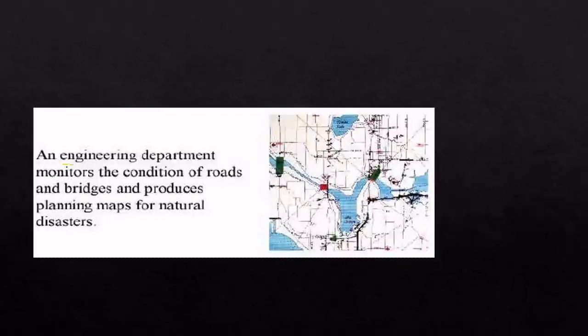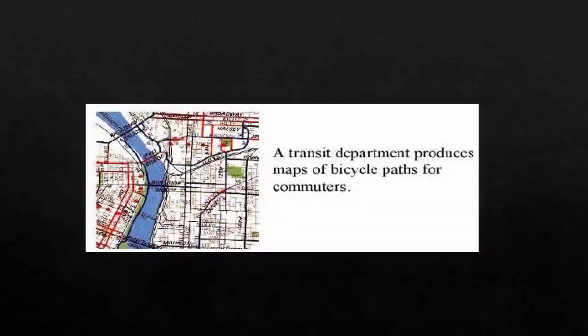Next application is for an engineering department. The engineering department can monitor the condition of roads and bridges and produce planning maps for natural disasters. Now, a transit department. How does a transit department use GIS? It produces maps of bicycle paths for commuters.